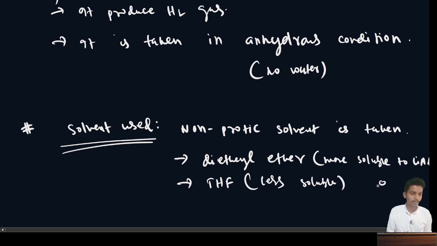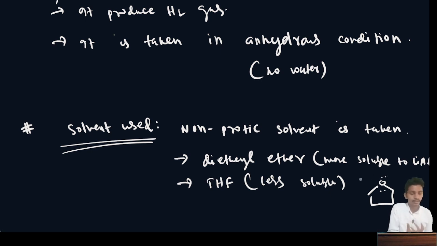The reason is, see here, this type of molecule has a rigid structure, so it is less soluble to lithium aluminum hydride, whereas diethyl ether is more soluble. But still, whenever we do the reactions, we generally take THF as the solvent rather than diethyl ether.